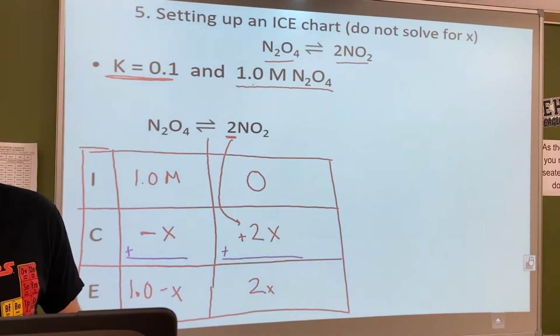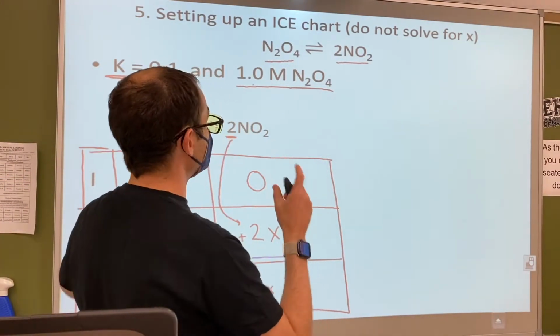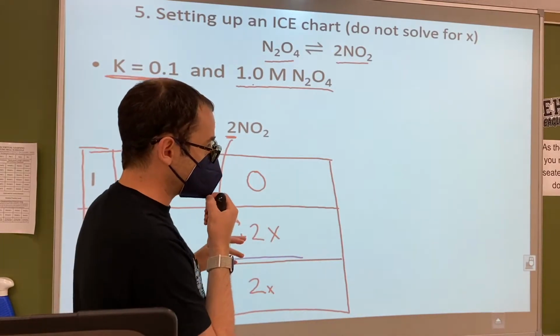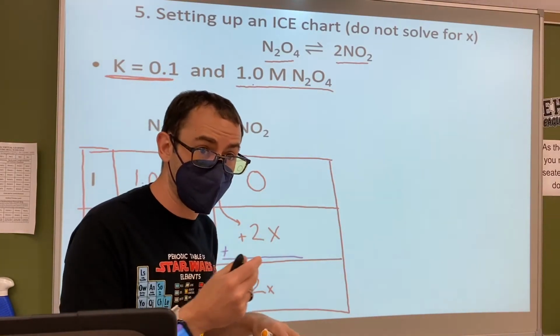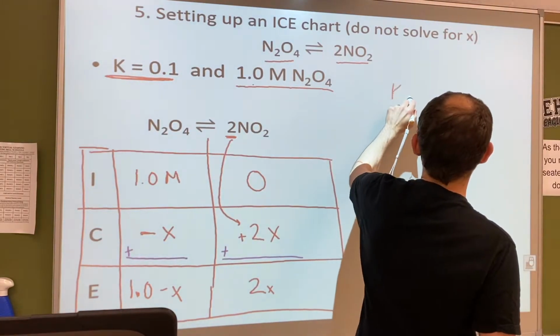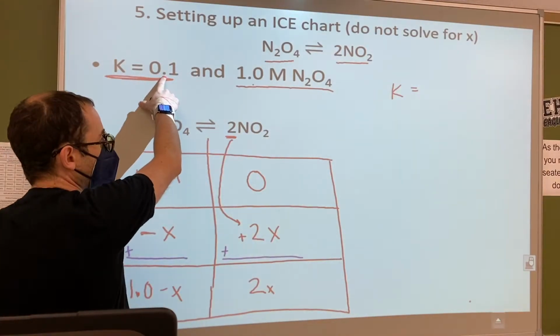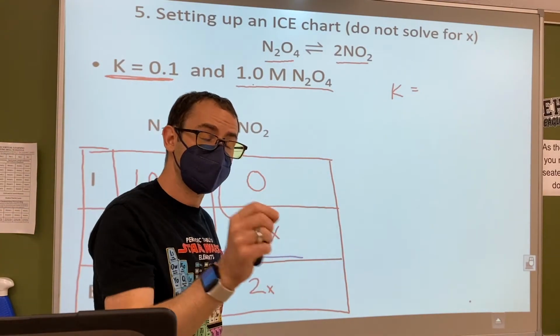Okay, cool. The next thing that we can do is set up the K expression. So in this chapter, you're going to have to do two things for every problem. Usually you'll set up an ICE chart, and then you'll also have to figure out what the K equals. Now, it tells us that K equals 0.1, but check this out.